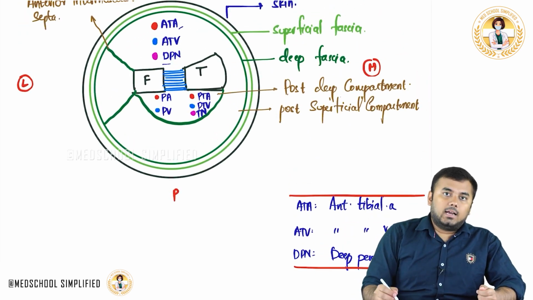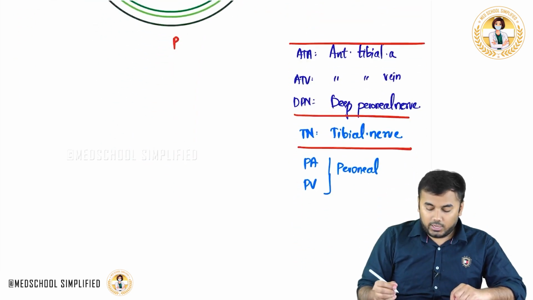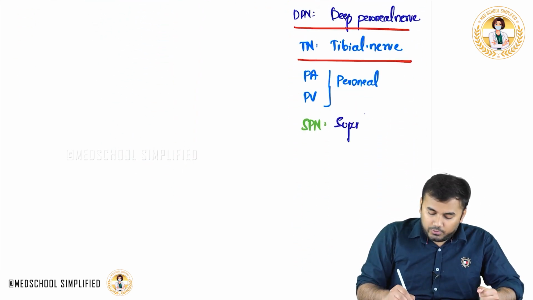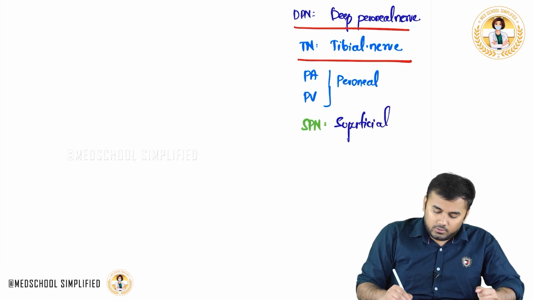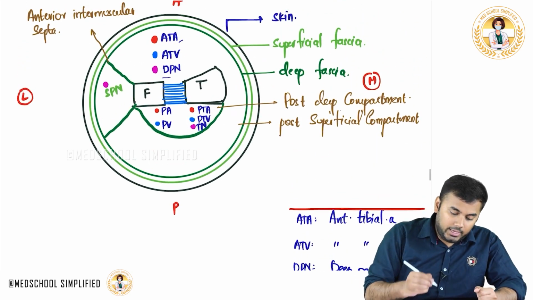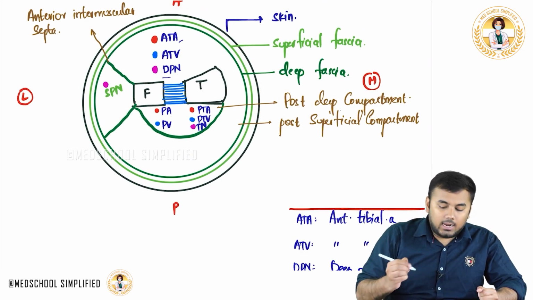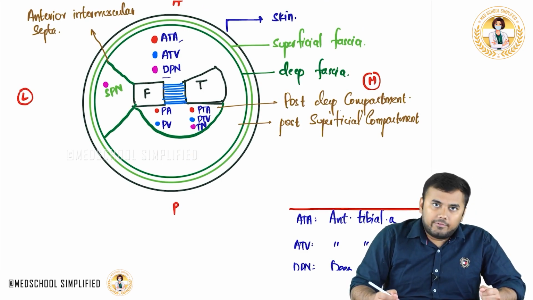Within the lateral compartment, you have got only one important thing, that is a nerve, and that nerve is SPN, which stands for superficial peroneal nerve. So the important thing to know is that the lateral compartment does not have an artery or a vein.